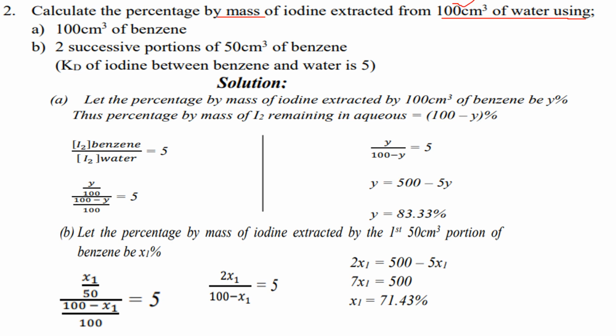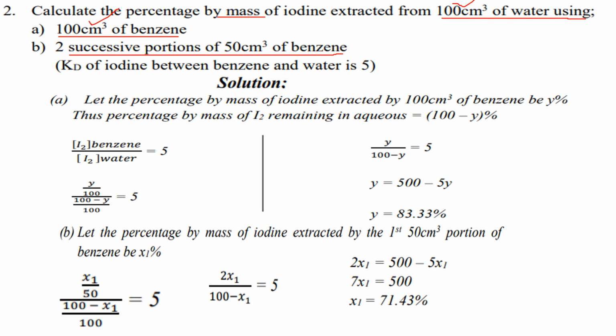You wait for the extracting solvent's volume to be dictated, which is always dictated in the question. So part A, we are using the whole volume, and part B, we are using successive small portions of the extracting solvent. And this time, our extracting solvent was benzene.